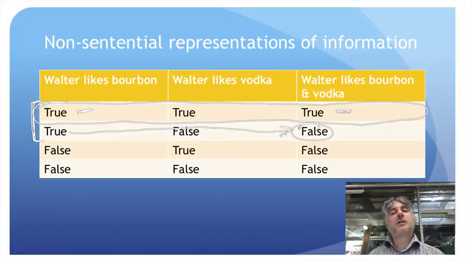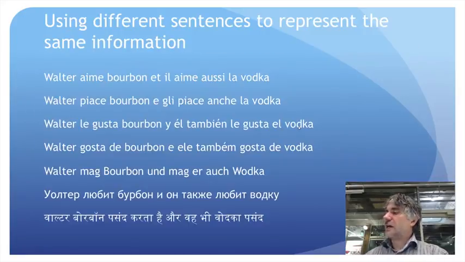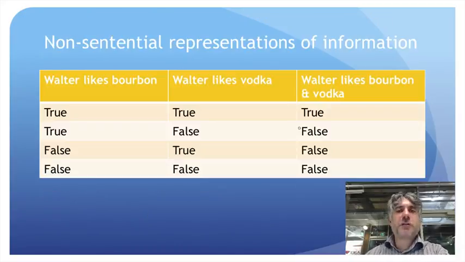And that's something that you can't see just as clearly by looking at any of the 7 sentences that we can use to represent that information. So, these sentences have some advantages as a way of representing the information that they all represent, but they all have a disadvantage relative to the truth table, which shows us plainly why certain arguments that use that information are valid and others are invalid.